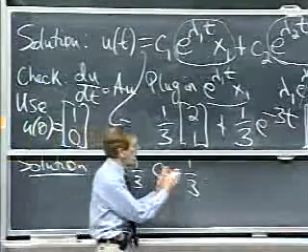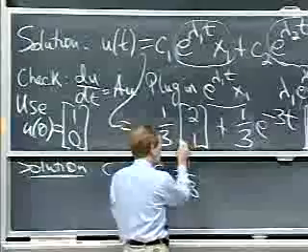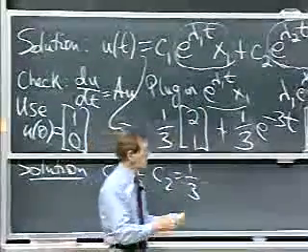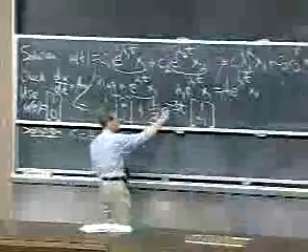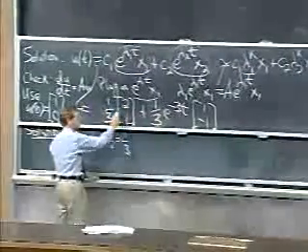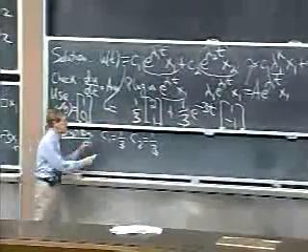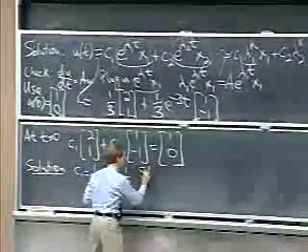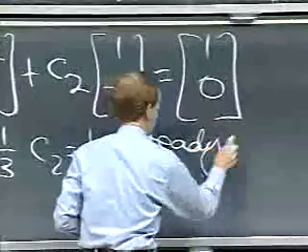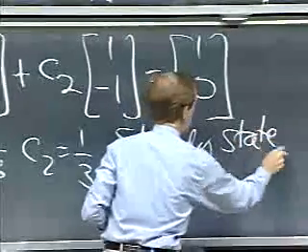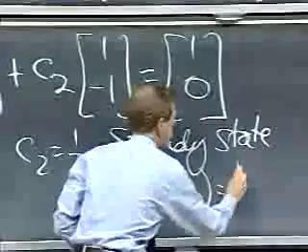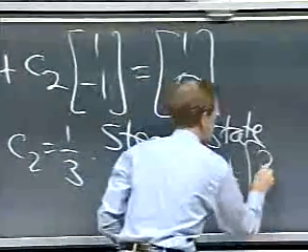And in the limit, there's the limit. As t goes to infinity, as t gets very large, this disappears, and this is the steady state. So the steady state, we could call it u at infinity, is 1/3 of 2 and 1.